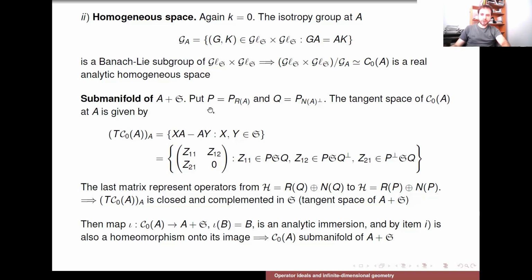And using these projections P and Q, we can give an operator matrix description of the tangent space.